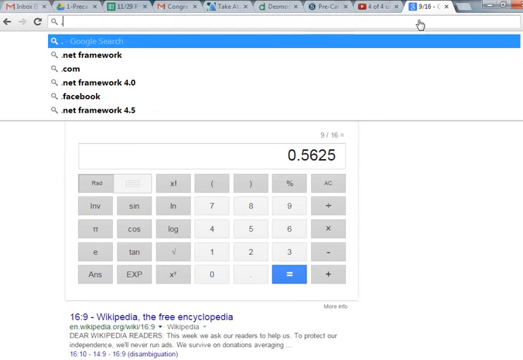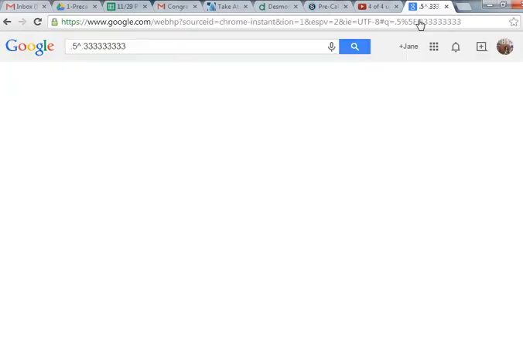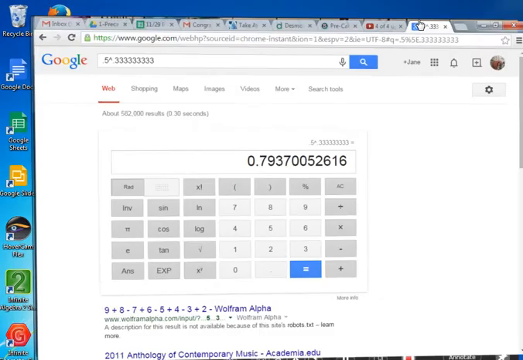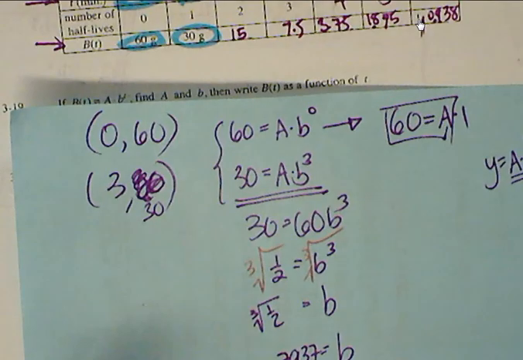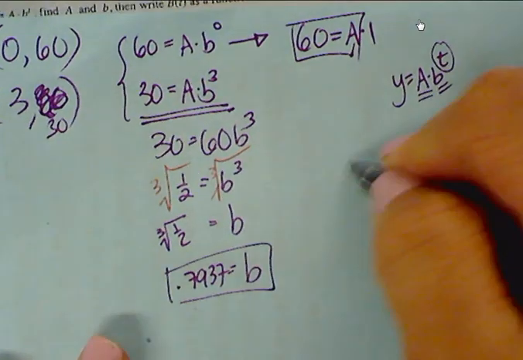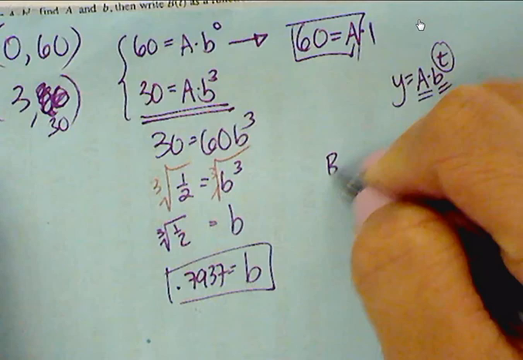So b is 0.7937. Okay, so my equation is b of t equals 60 times 0.7937 to the t.